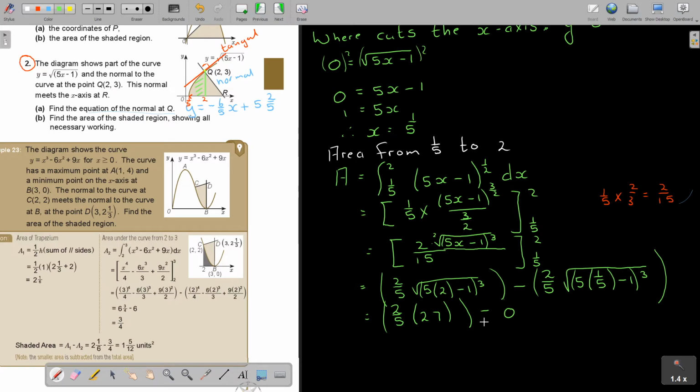I just want to see. I see my mistake. Instead of writing the 15, I was making that mistake. So it's 2 over 15 multiply 27. That is now the correct answer.